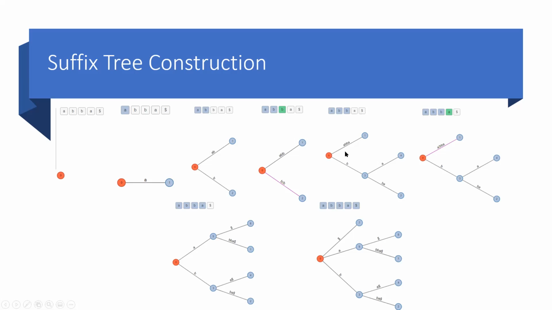And then here we have ABBA, so we can extend this top edge. And since we have ABBA, we have BBA as a substring and then BA as a substring. So we have to split this BB edge up so it can branch off to these two.